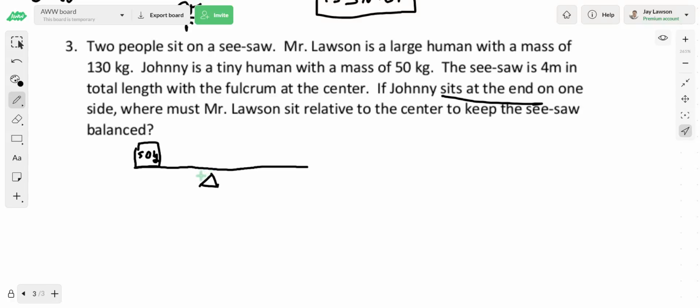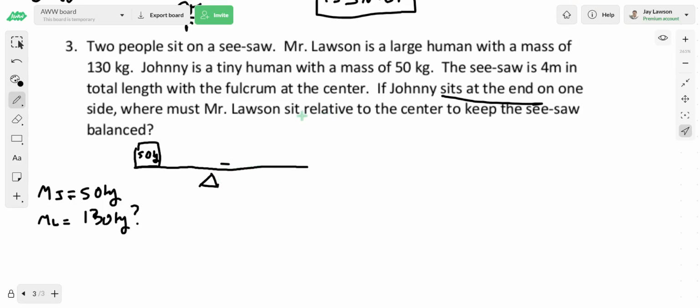So I'm going to write down what I know out here to the left. Mass of Johnny is 50 kilograms. And we're given the mass of Mr. Lawson, I'm going to say ML, is 130 kilograms.